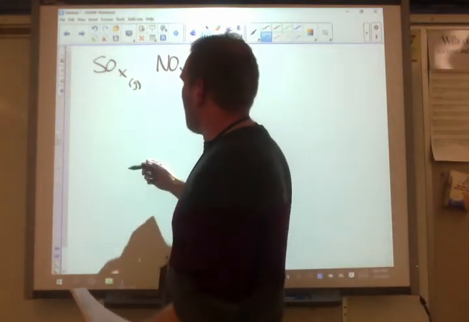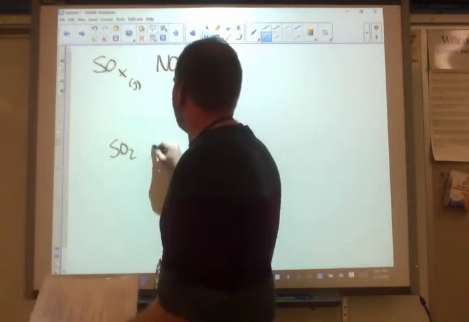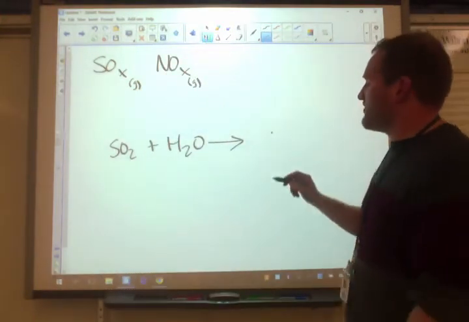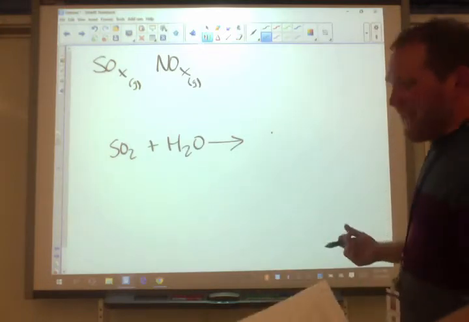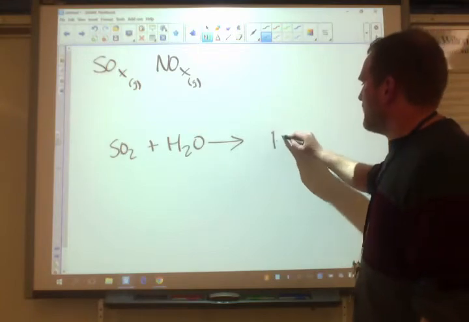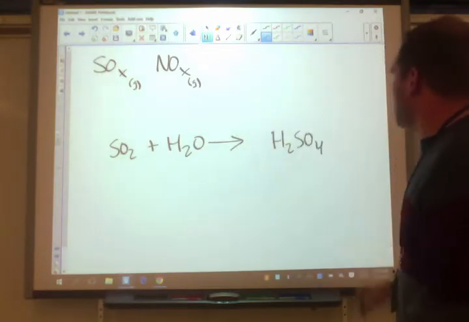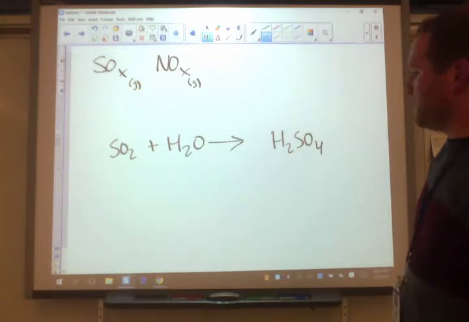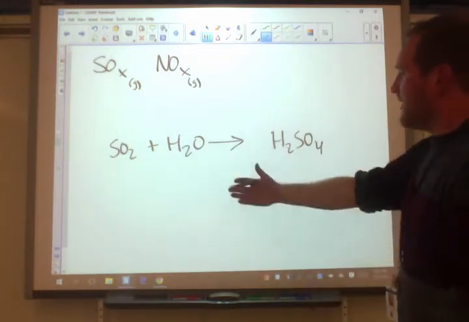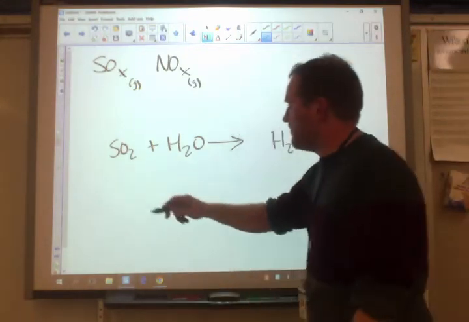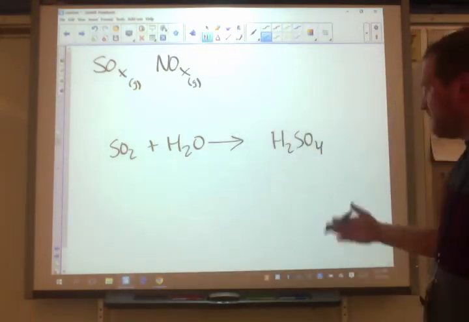So here, this sulfur oxide, let's say we have SO2 plus H2O. That's going to form some sort of sulfuric acid. Now, I mentioned acids a couple videos ago, so that's going to be H2SO4. And let me see if I could quickly balance that. Oh, we'll leave that for later. But anyway, these are going to react to form sulfuric acid, and same thing, SO3 could form the same type of sulfuric acid.